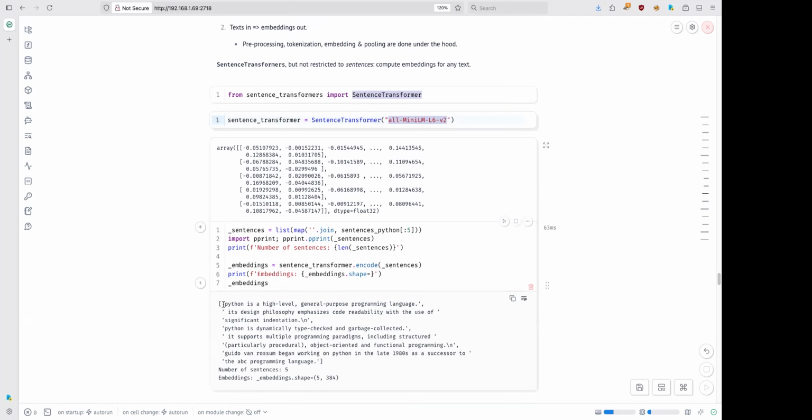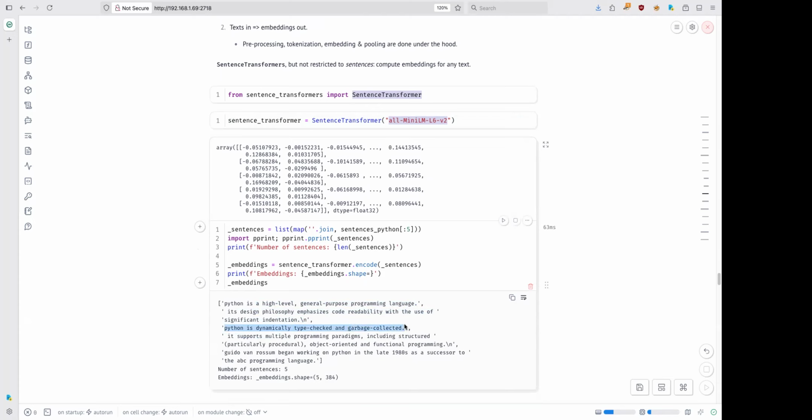Here we have several sentences. Python is a high-level, general-purpose programming language. That's the first sentence. Its design philosophy emphasizes code readability with the use of significant indentation. That's the second sentence. Python is dynamically type-checked and garbage collected. That's the third sentence, and so on and so forth.